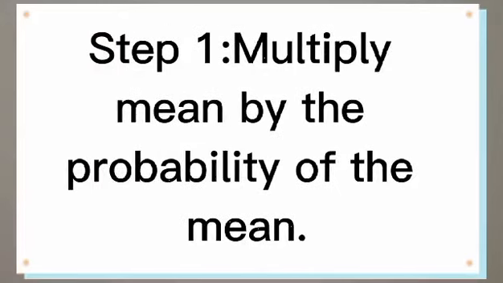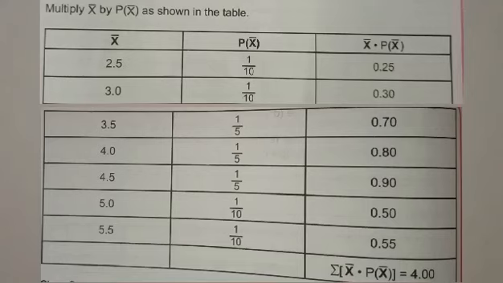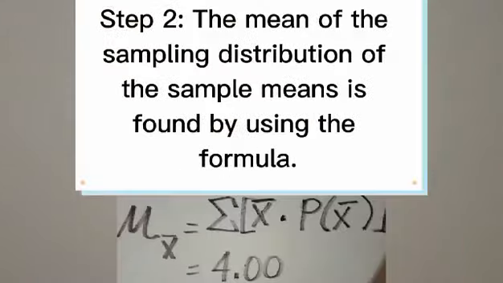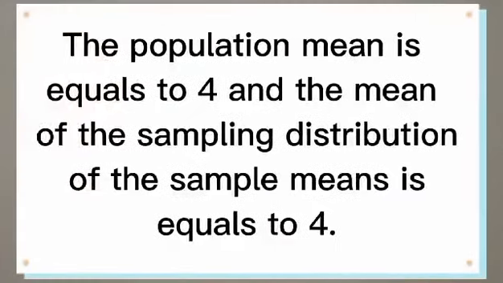Step 1, we multiply our x by the P of x as shown in this video. In step 2, the mean of the sampling distribution of the sample means is found using this given formula. Then we compare the population mean and the mean of the sampling distribution of the sample means.